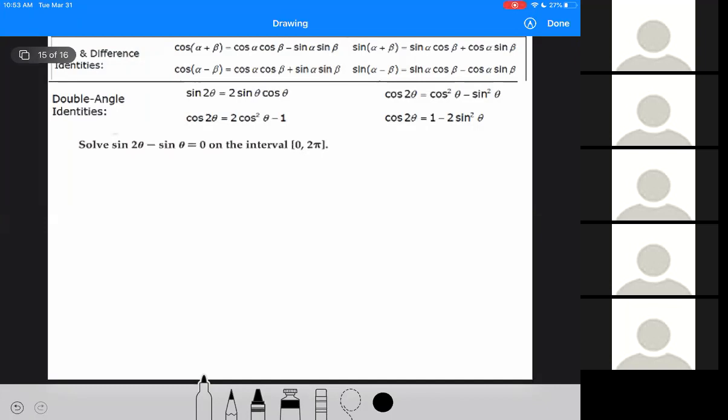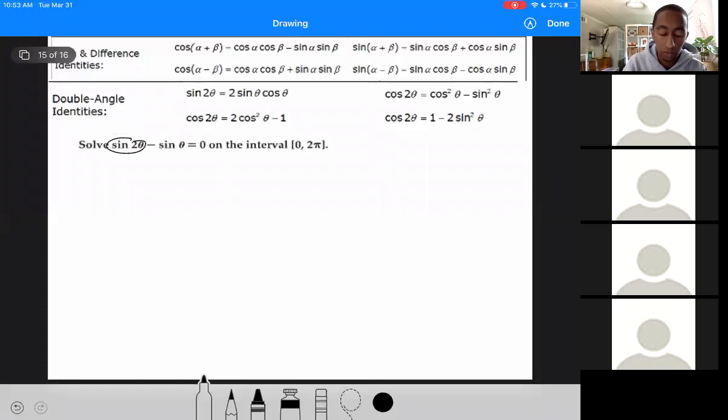Sine of 2 theta is equal to 2 sine of theta times cosine of theta. Okay, very good. We can use sine of 2 theta, and that's right here, right? Sine of 2 theta is 2 sine of theta cosine of theta, one of the new identities we learned.